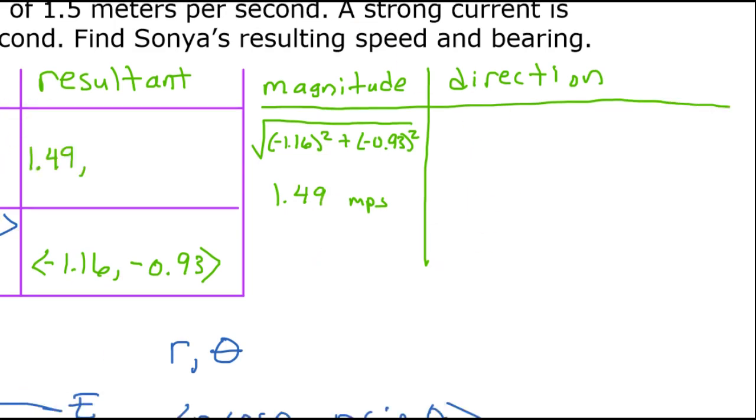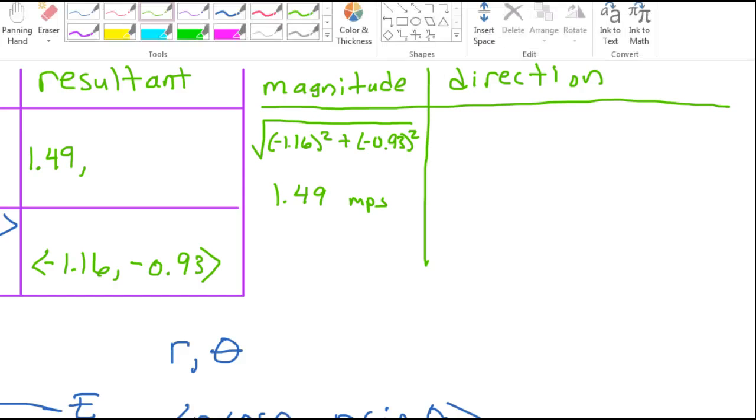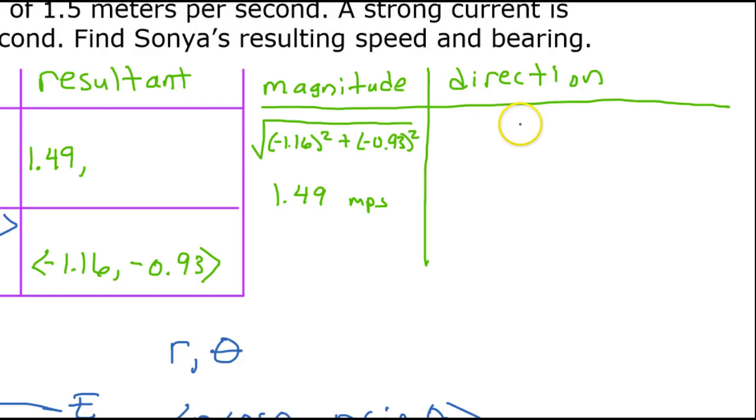Now for the direction, I recommend doing a little sketch. Let's get a coordinate axis going. Okay, here's north. And now looking at the components, we're going left 1.16 and down 0.93. That puts us in the third quadrant.